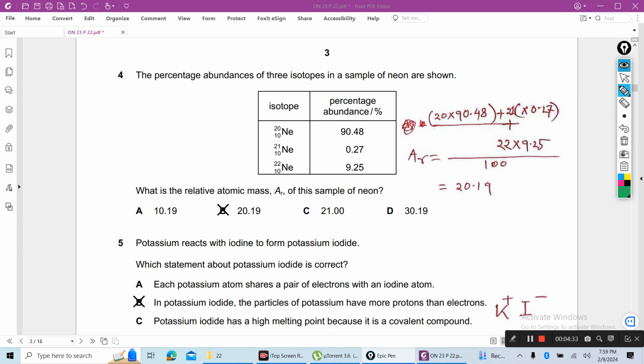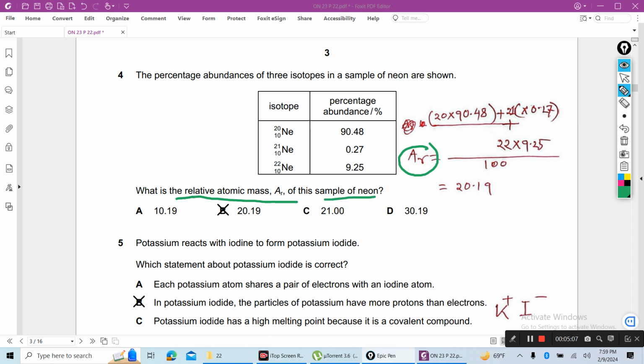Number 4. The percentage abundance of 3 isotopes of neon is given. These are isotopes 20, 21, 22. There are 3 isotopes of neon and their percentages are given. You know the formula for Ar. The question is asking for the relative atomic mass, Ar, of this sample of neon.